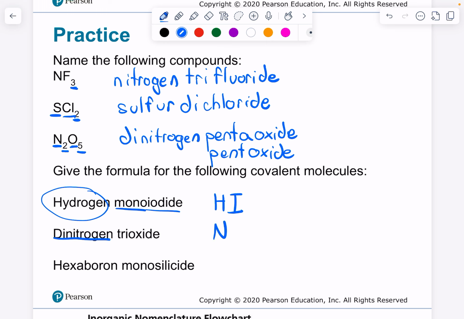Dinitrogen, so 2 nitrogens, trioxide, 3 oxygens. Hexaboron, hex is 6, so 6 borons. Mono is 1. Silicide is silicon with the ending changed to ide. So B6S.